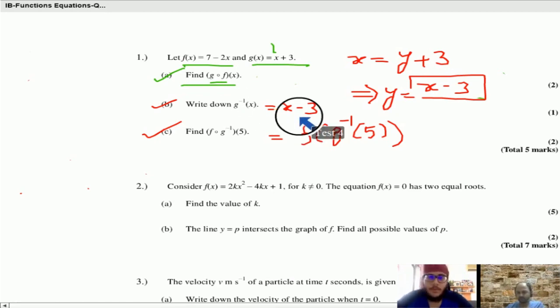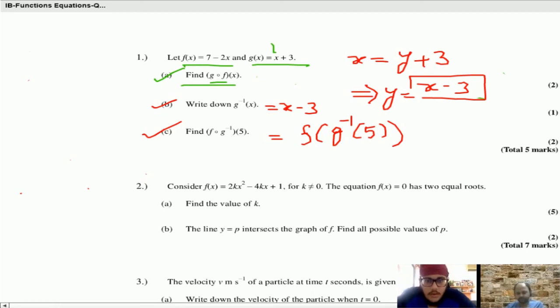G inverse of x we have here as x minus 3. So can we have the value of g inverse of 5, Manu? Let's check it out.